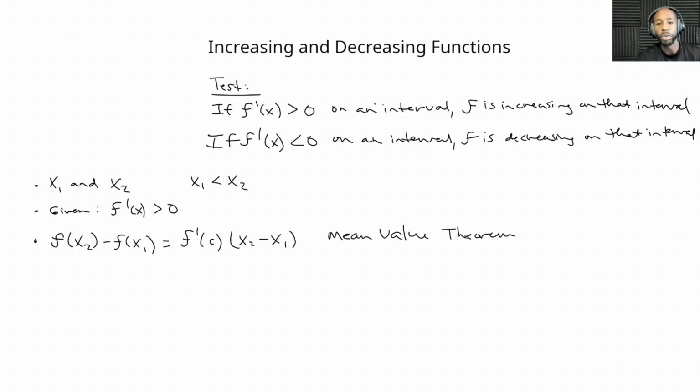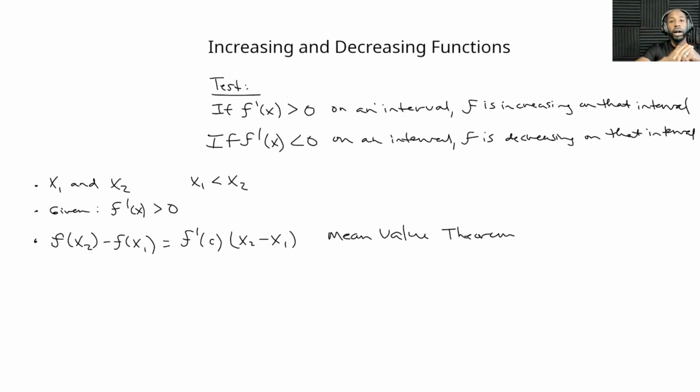If you recall the mean value theorem, all it says is that if you have a function on an interval, from point A to point B, there is a point on that function where the slope of the tangent line, which is the derivative, is equal to the slope of the secant line.